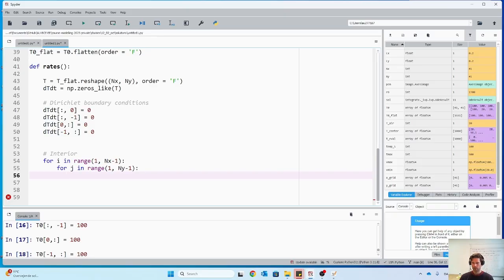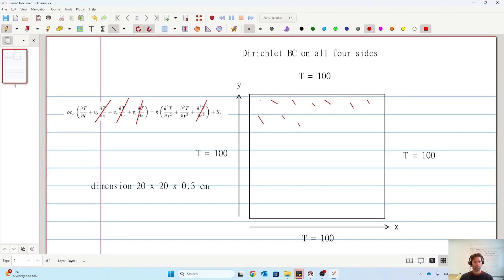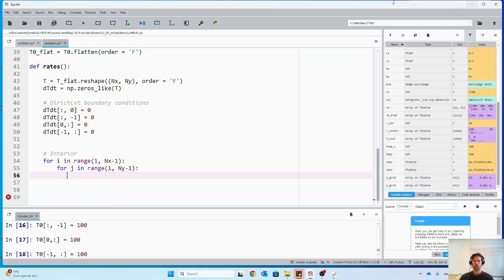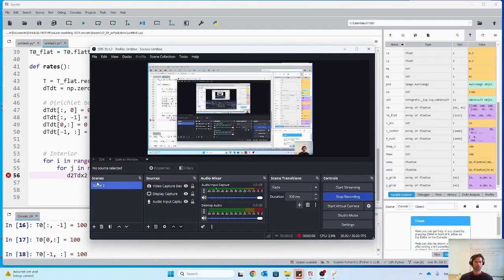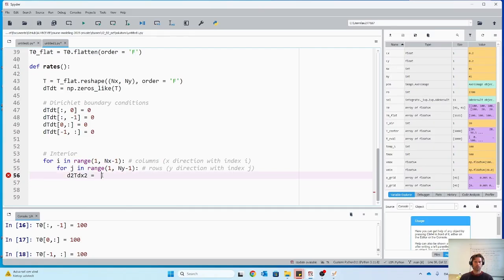The governing equation looks like this. So we have a conductivity in the x direction and a conductivity in the y direction. And we will split these terms up in two different lines. Okay, so just to go over it again, for the i index, we are looping over the columns in the x direction.